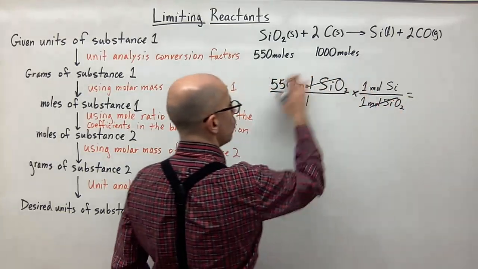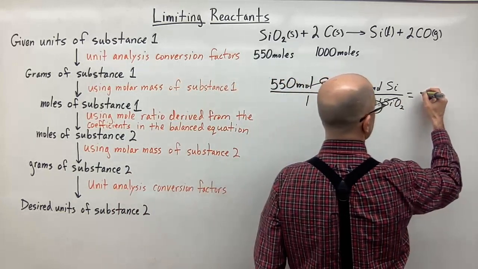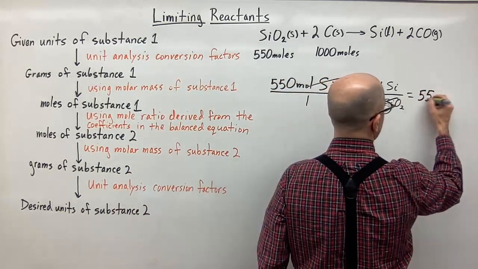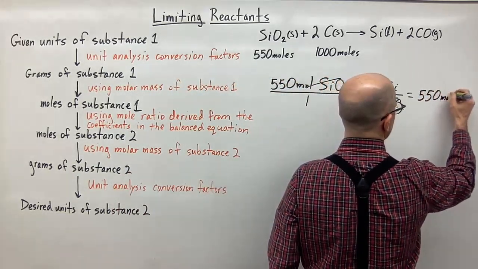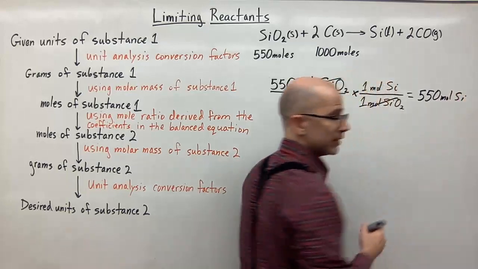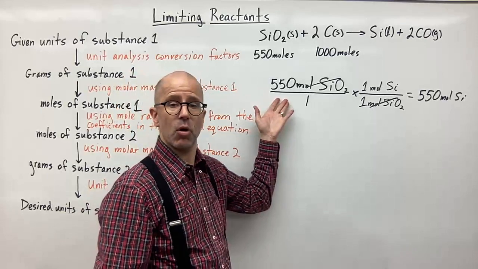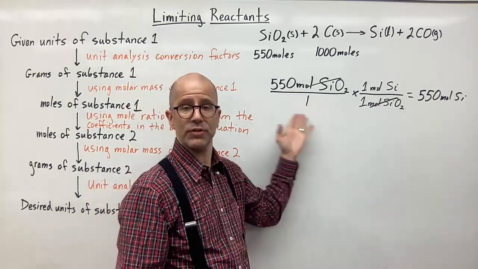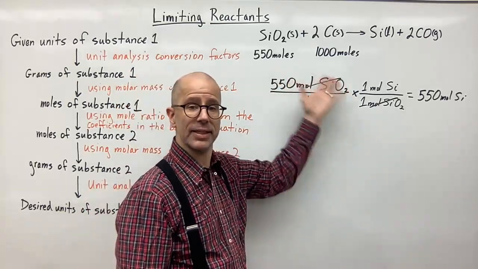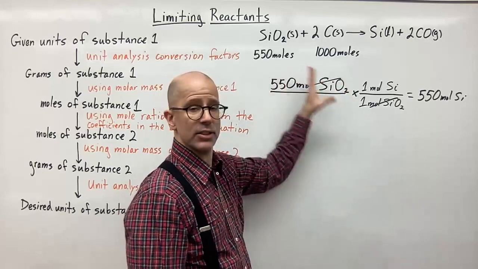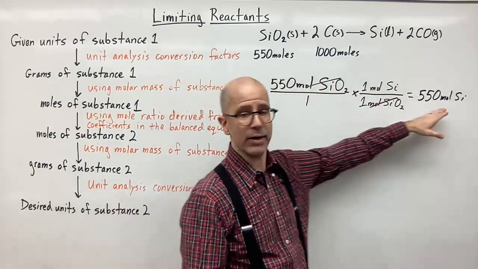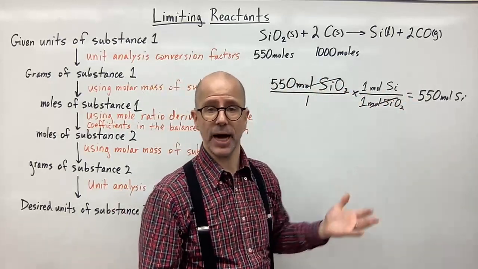And of course, 1 times 550 is going to be 550 moles of Si. So 550 moles of SiO2, if this was to react completely and all of this was to be converted into Si, I would get 550 moles of Si.